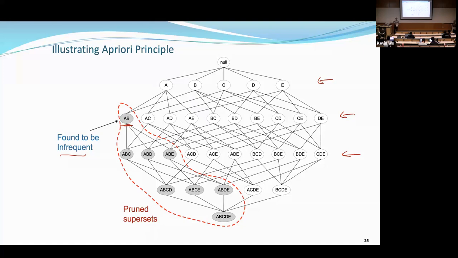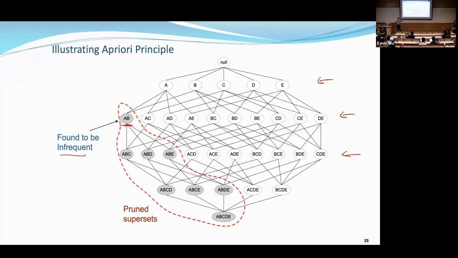So in the following exploration, the algorithm avoids counting the support of this whole chunk of item sets, because that's not necessary. Given this extremely large lattice, it uses the Apriori property to prune away a big chunk of it.